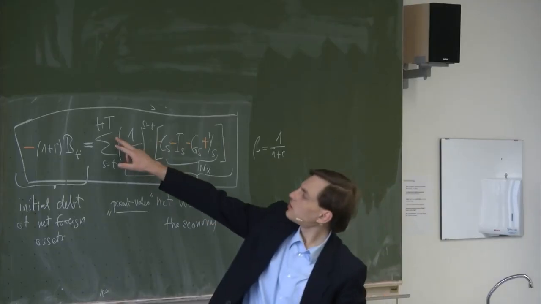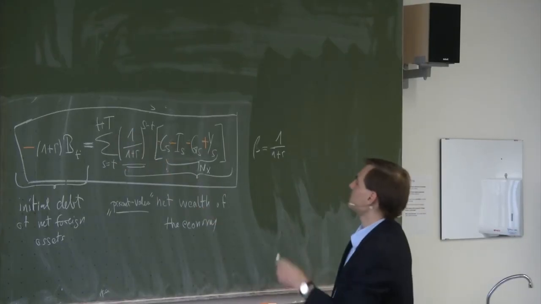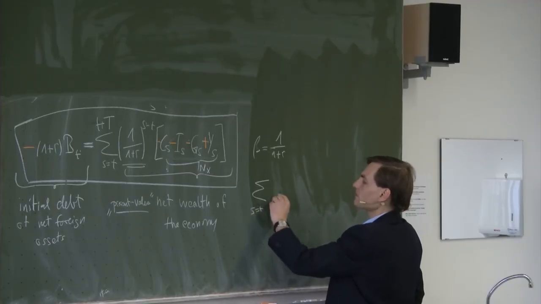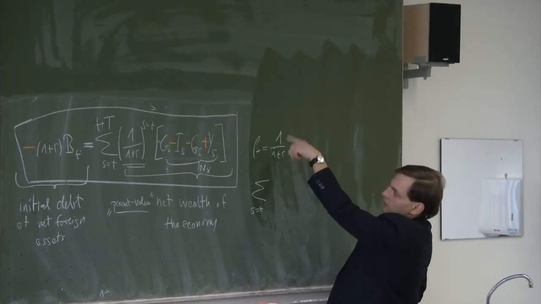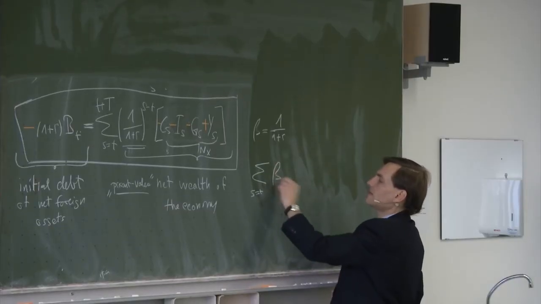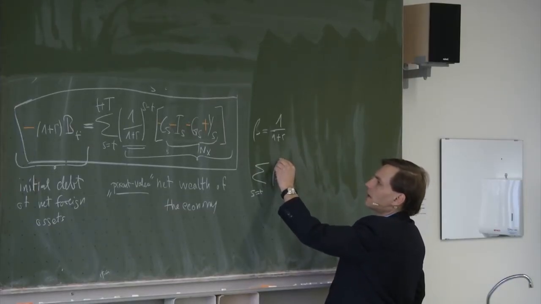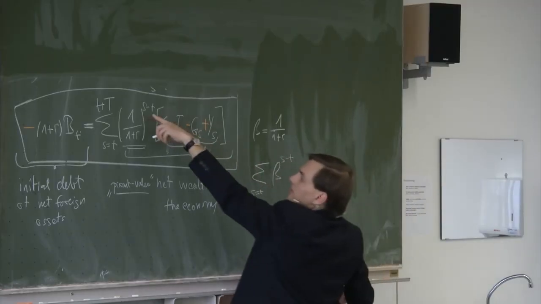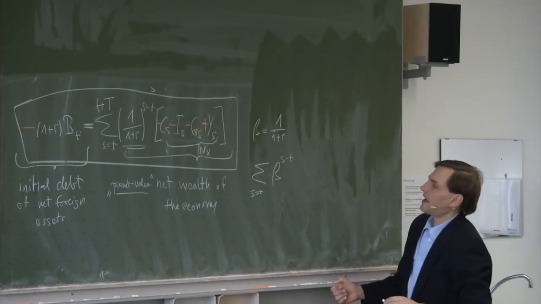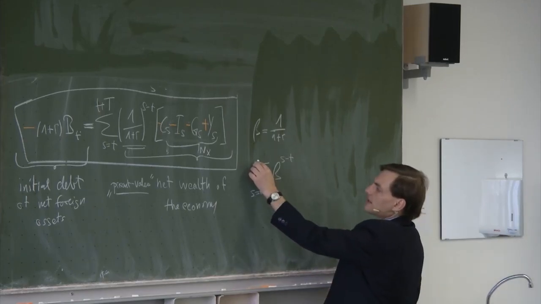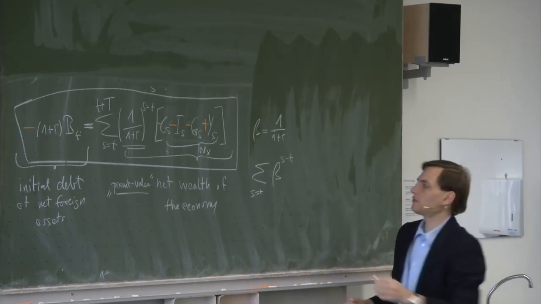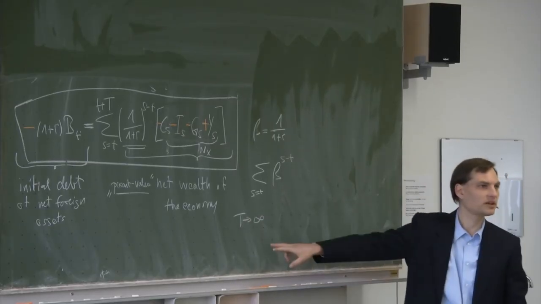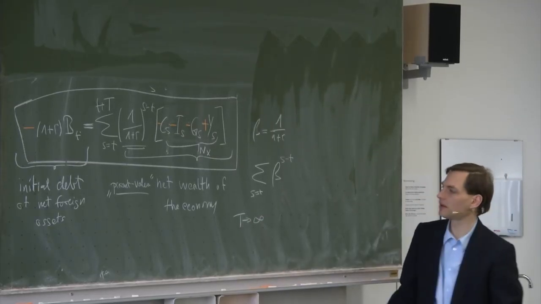And now take a look at this sum. So if I have the sum over s from t, instead of 1 over 1 plus r, I can also write this as beta, and this is beta to the s minus t. And if I allow that this is now running not for a capital T, if I assume that capital T is running to infinity, now I assume an infinite time horizon model.